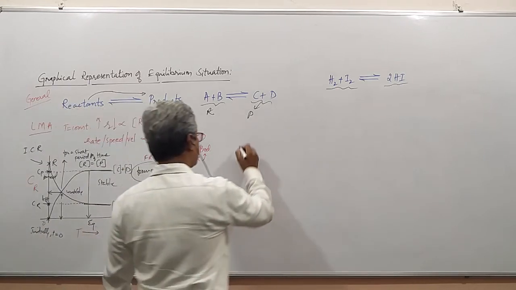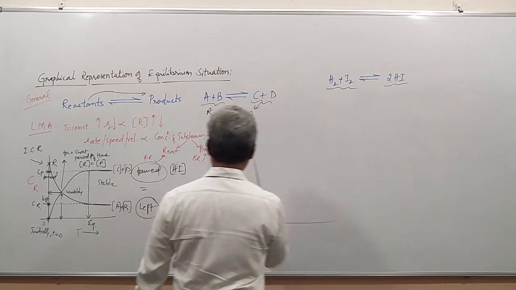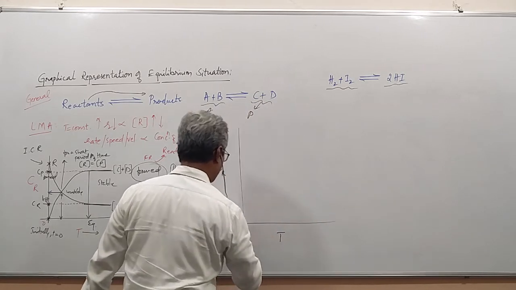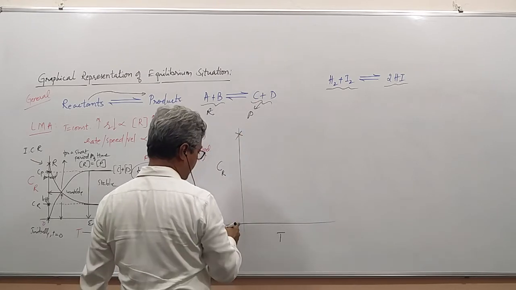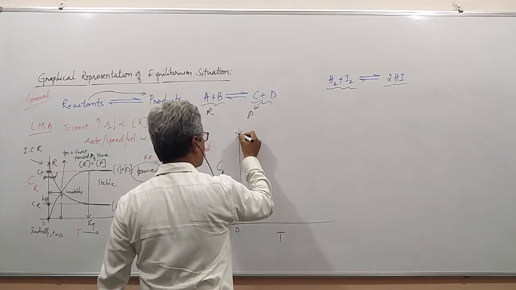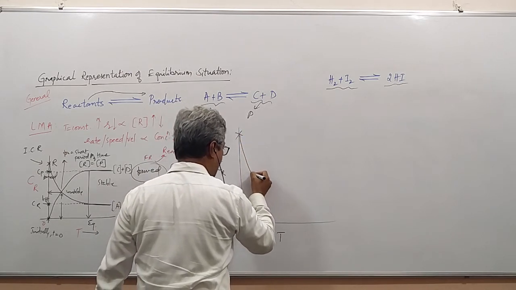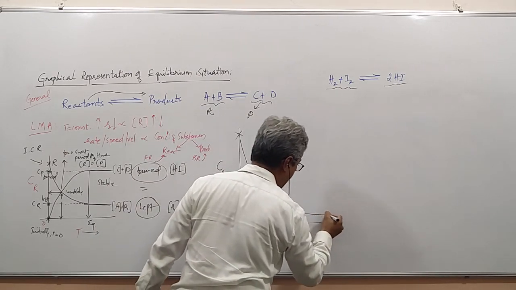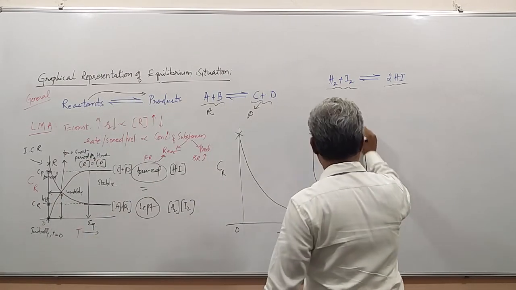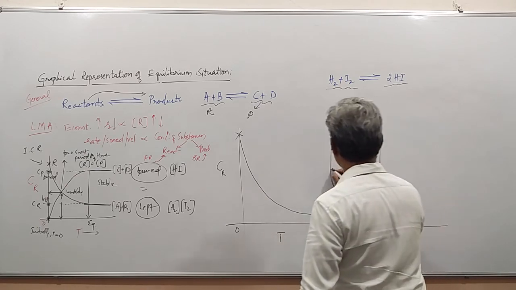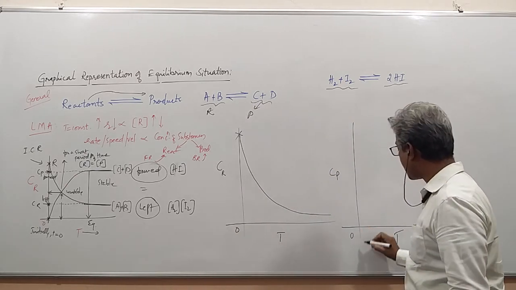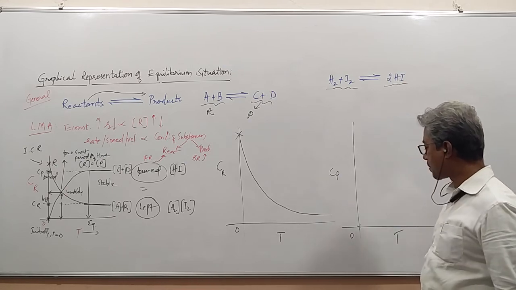That means if it is a concentration of reactant versus time graph, then at the initial time the concentration of reactant is highest. Then as time progresses, the concentration of the reactant decreases and attains a certain minimum value. Then if it is the graph of concentration of product versus time, then at the initial time the concentration of the product is zero.